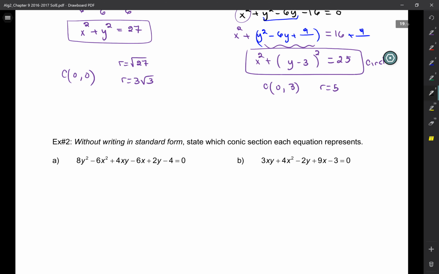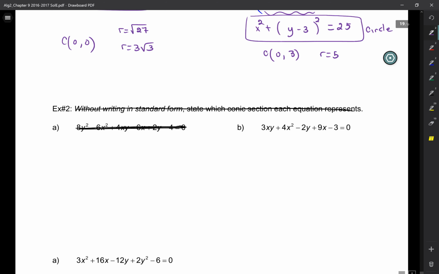All right, for the next one, I'm going to ignore these instructions and I'm going to give you a new equation, which will read 3x squared plus 2y squared plus 16x minus, what is it? 12y minus 6 equals 0.